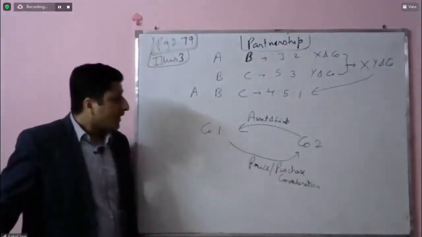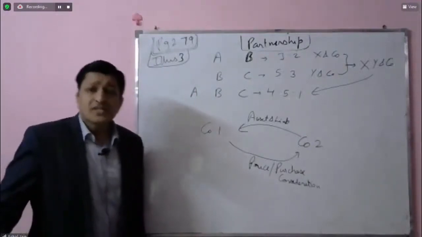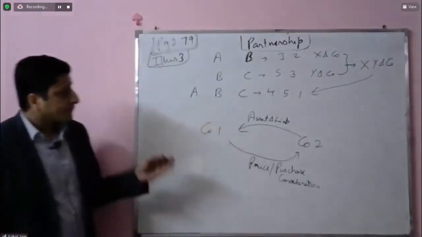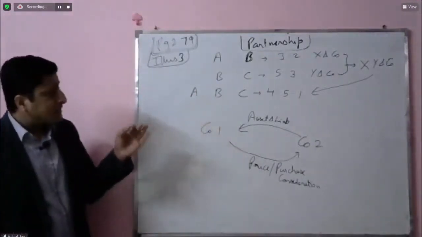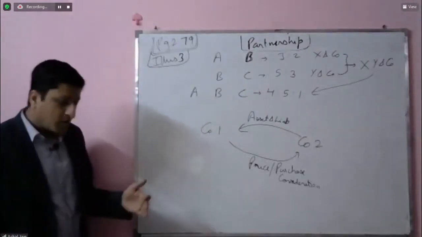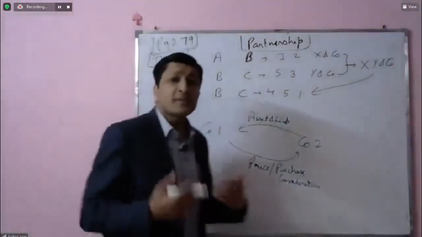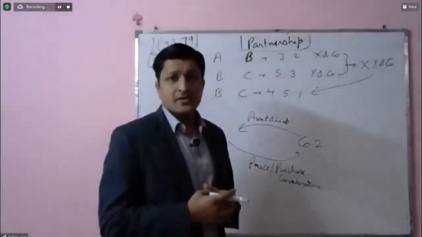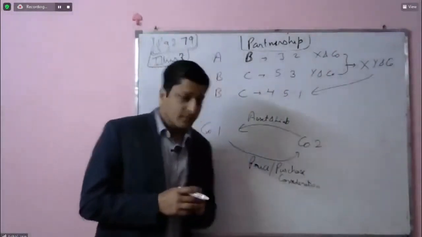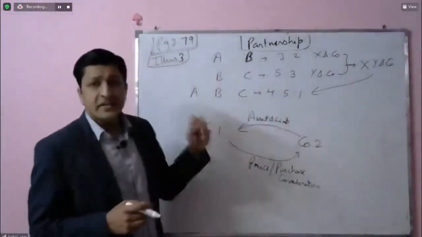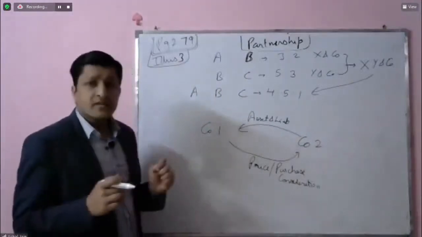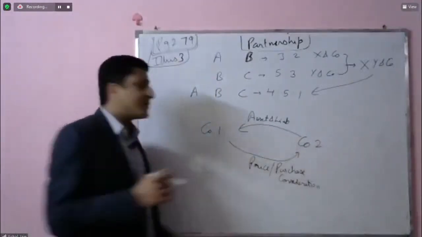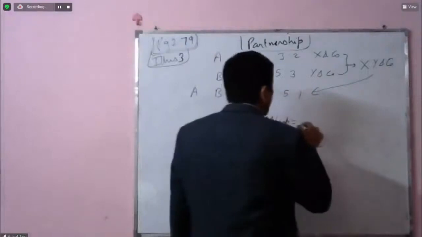Now, around this purchase consideration, the purchase consideration amount is something which is paid for assets and liabilities. Let us suppose the value of the assets and liabilities which is taken over is equivalent to 1,000.